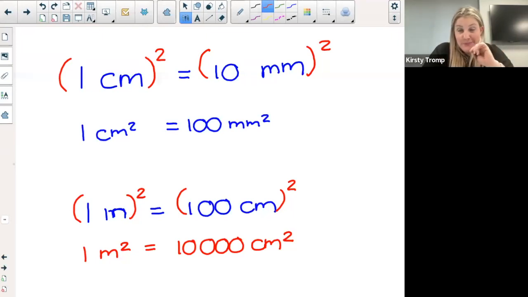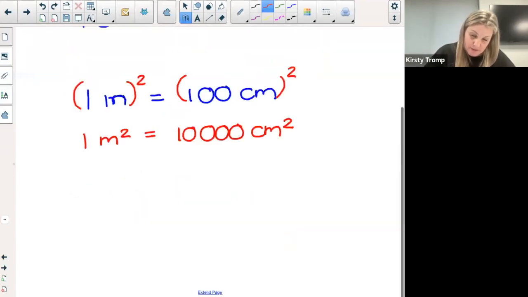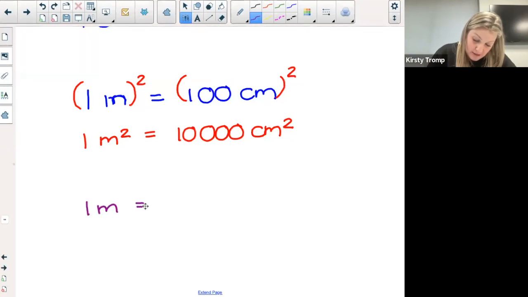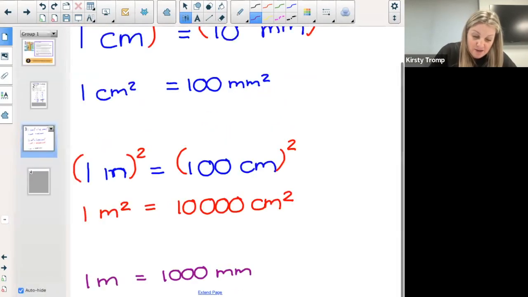All right. If we had to carry on going, and we had to do some more conversions here, we could say, okay, that 1 meter equals how many millimeters are in 1 meter? Can you remember? In 1 meter, there are 1,000 millimeters, hey? Should we go check? Let's go check.